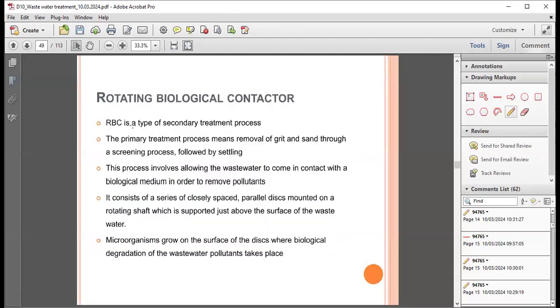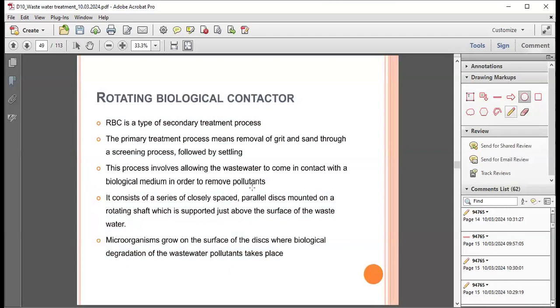Rotating biological contact, RBC for short, is a type of secondary treatment process. The primary treatment process means removal of grit and sand through screening followed by settling. This process involves allowing the wastewater to come in contact with the biological medium in order to remove pollutants.